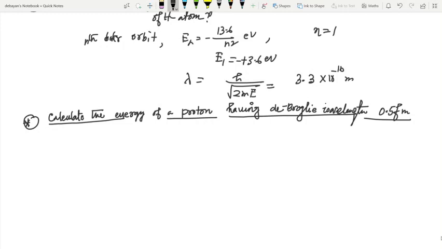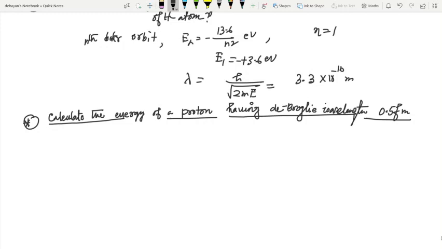This is 6.6 × 10^-34 divided by lambda, which is 0.5 × 10^-15. If you calculate it, it comes out to be 13.2 × 10^-19. That will come.